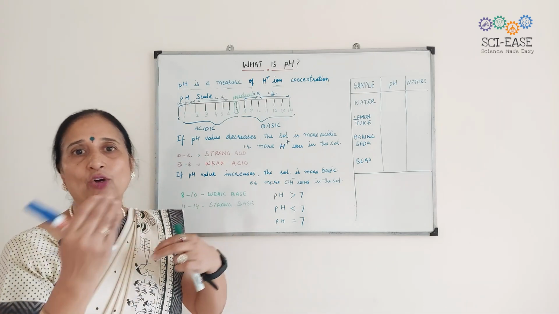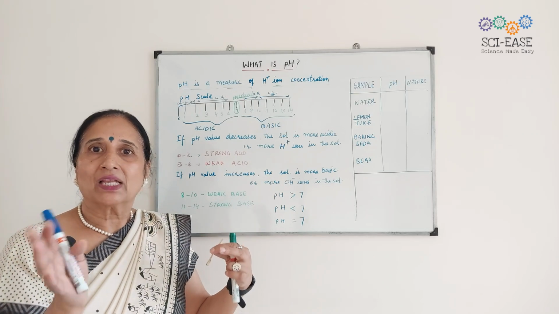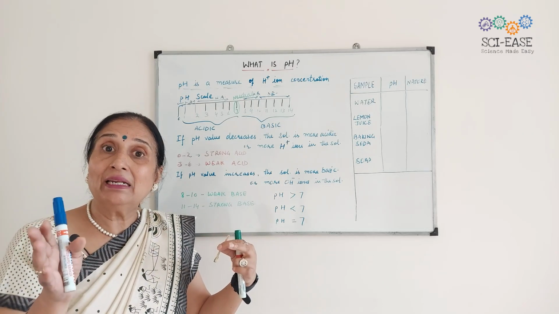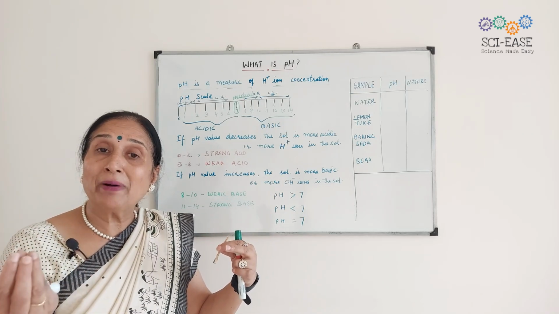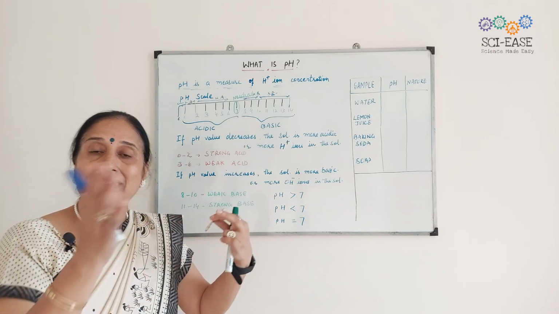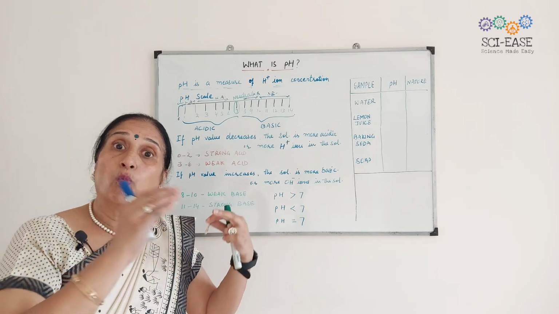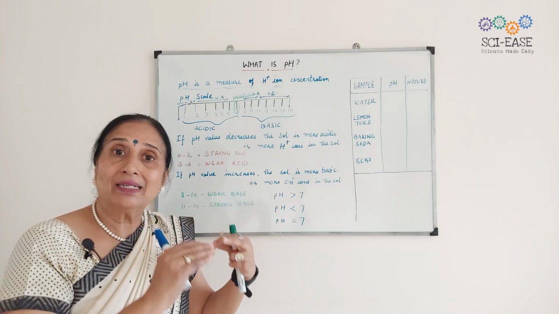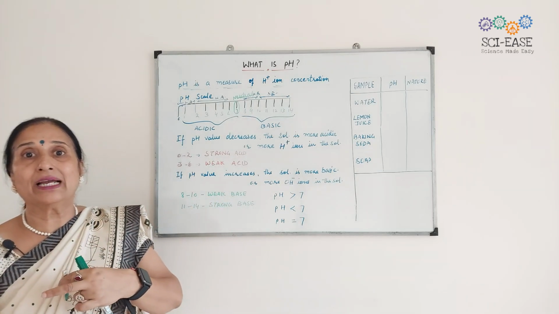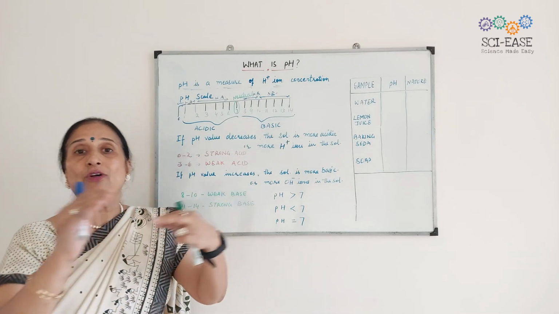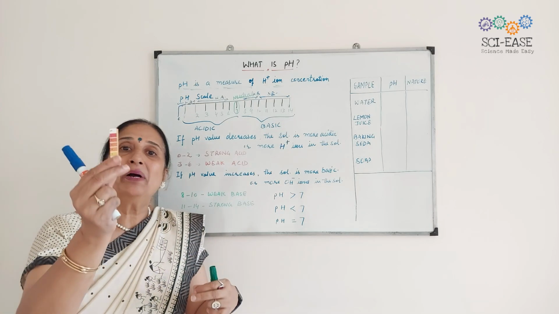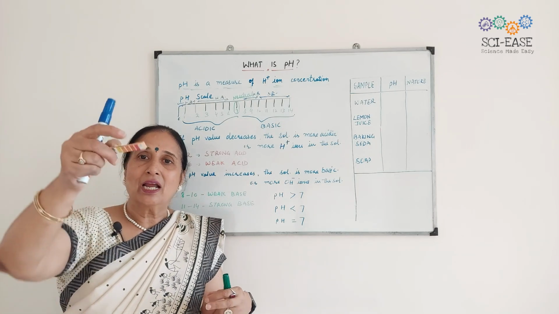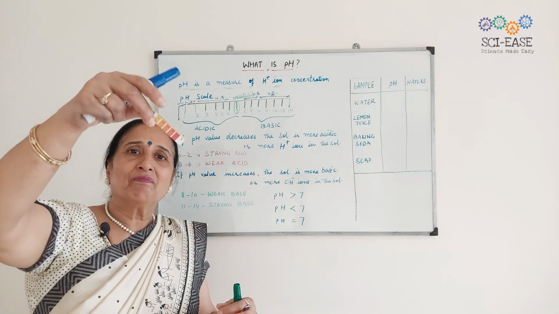Whether it's an acid or base, we can predict by using indicators. But what pH it has, whether it's a strong acid or a weak acid, or a strong base or a weak base, that can be measured with the pH paper. And it has different colors.